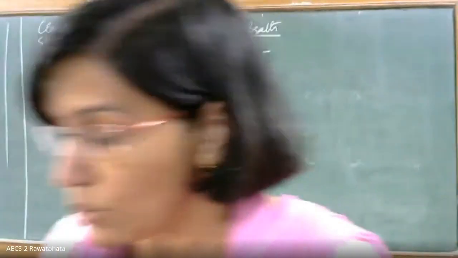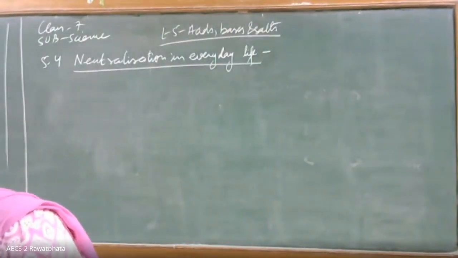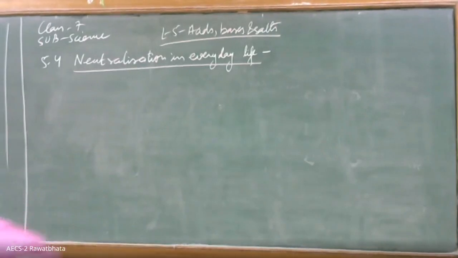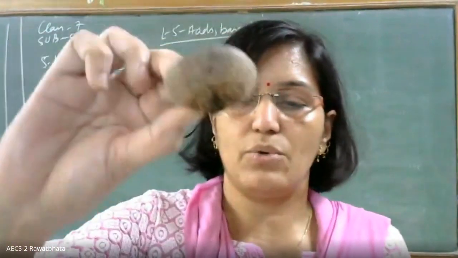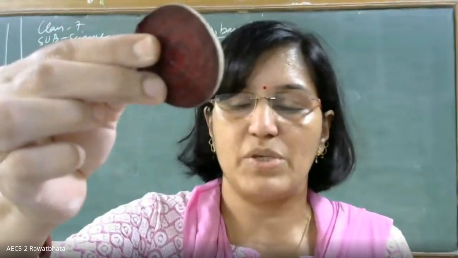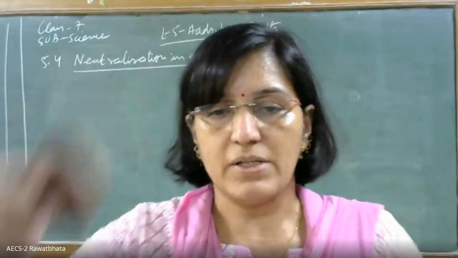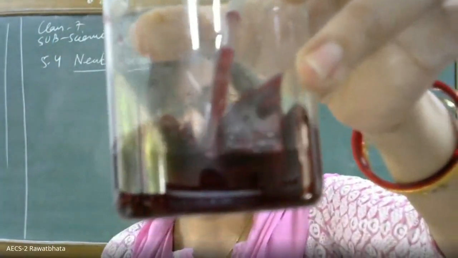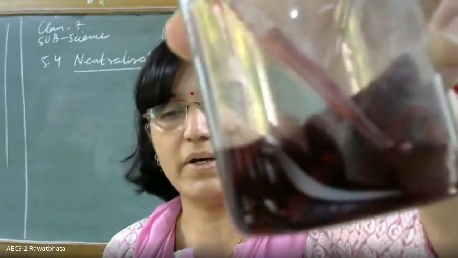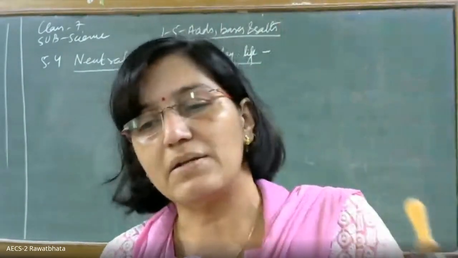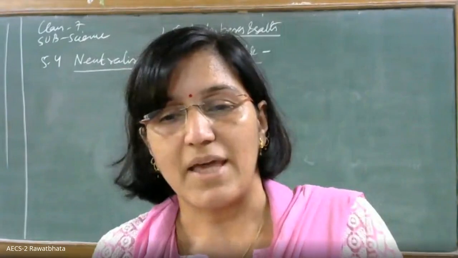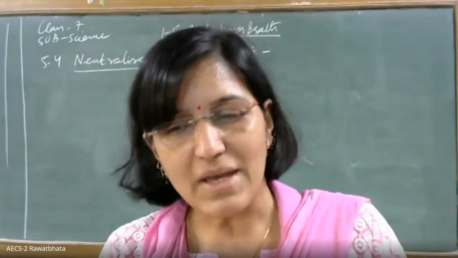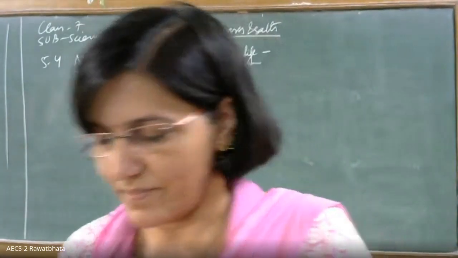This you can do at home. It's very, very simple. I have taken a single piece of beetroot and cut it into small pieces, put it in a glass jar, added some water, kept it for some time, and your indicator is ready. Like China rose. So try keep doing these things at home.